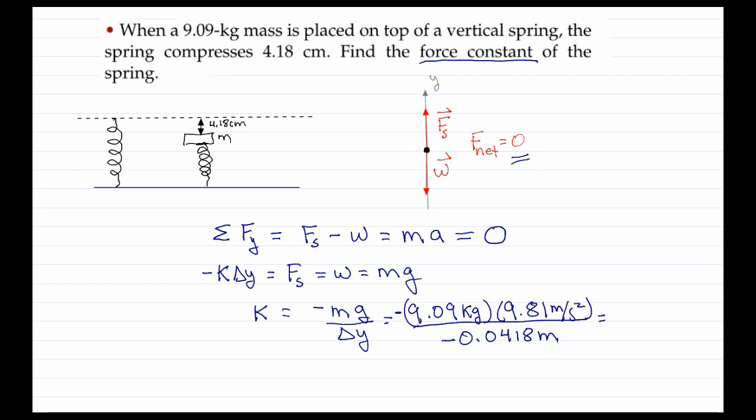Great. And if you notice, we're going to get something positive, and the spring constant in this case, I believe, is 21.33 newtons per meter, and to 3 sig figs you can round that to just 21.3 newtons per meter. Okay, there's Hooke's law.